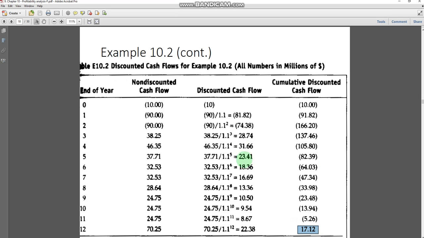So this is quite simple: this is how you convert the non-discounted cash flow into the discounted cash flow. What we get here is the net present value, and in the earlier case we got the cumulative cash position. So you should see the difference and the main changes here.